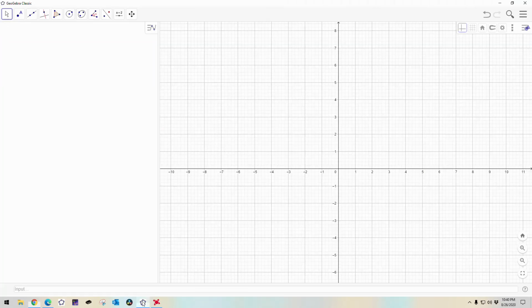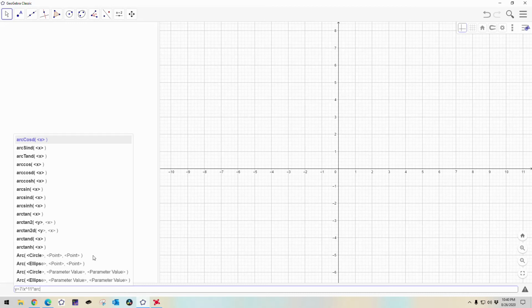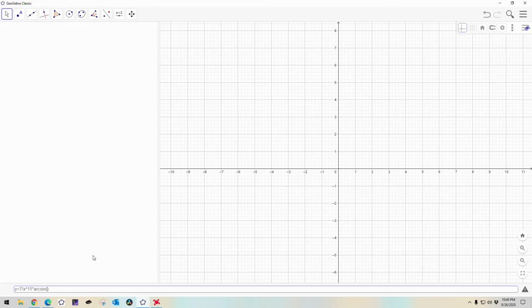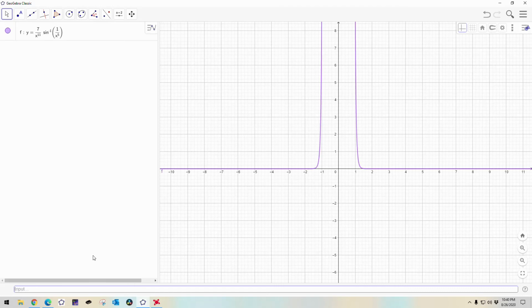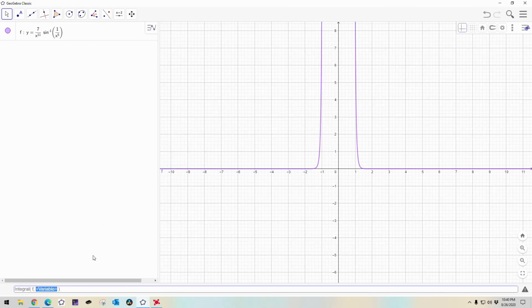Okay, so let's try GeoGebra. In GeoGebra, I will have y equals 7 over x to the 11 times arc sine of 1 over x to the 5. And there's our function. So now let's do an integral of that function with that variable.